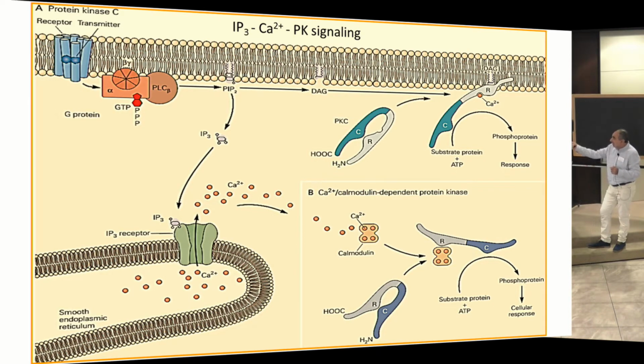But then IP3 does a very strange thing actually. It doesn't go to activate protein kinase directly, this one. No, it can interact with proteins, because the IP3 receptor on this store is also a protein. So nothing problematic to change the conformation of this protein with IP3. So it could go directly to here and do the job.